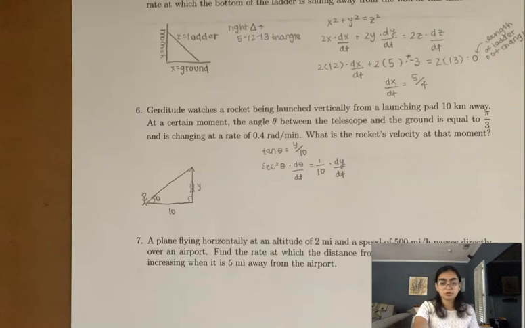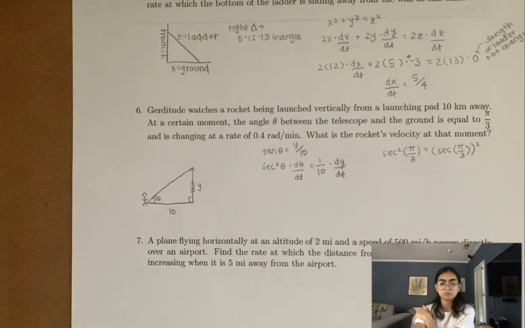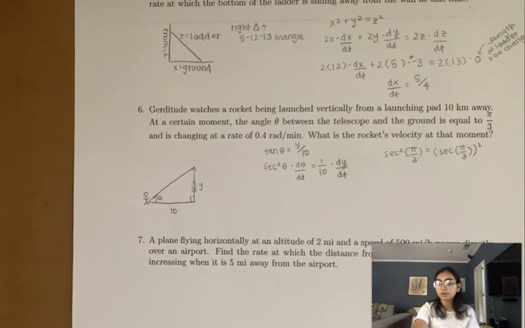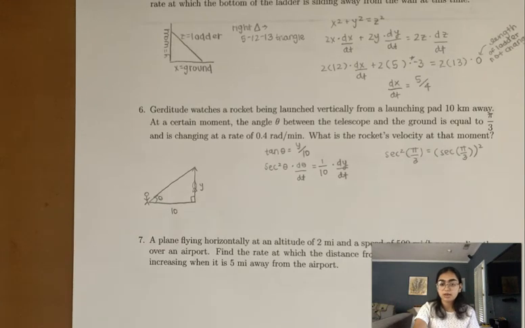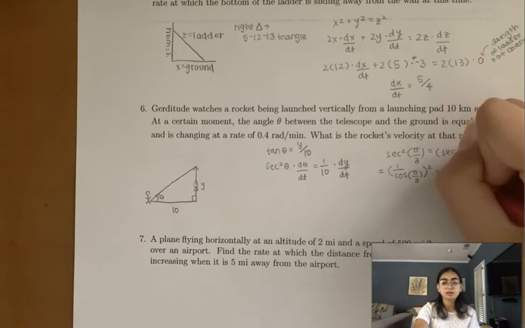Now this problem looks a little bit tricky because we do have secant squared of theta, and we're going to have to plug in pi over 3 for theta. So off to the side, I'm going to solve secant squared of pi over 3. Secant squared of pi over 3 can also be written as secant pi over 3, squared. This means the same thing. Secant is equal to 1 over cosine. So we get 1 over cosine pi over 3, all of that squared.